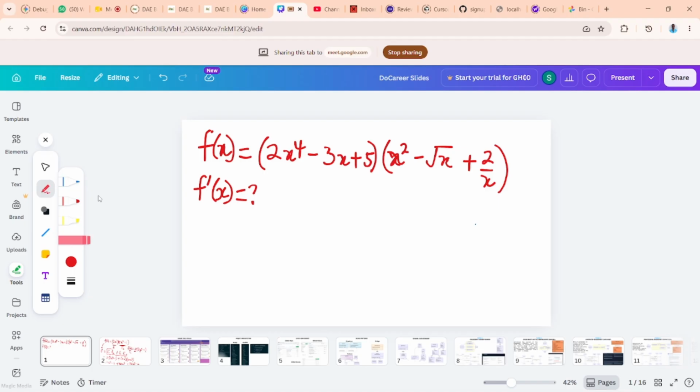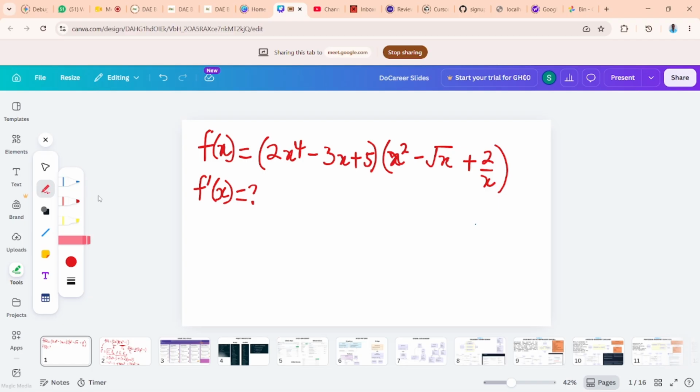So if that is the case, then I will just maintain the first bracket, which is 2x to the power 4 minus 3x plus 5. Then I differentiate the second one, which will give you 2x minus half x to the power negative half, then minus 2.